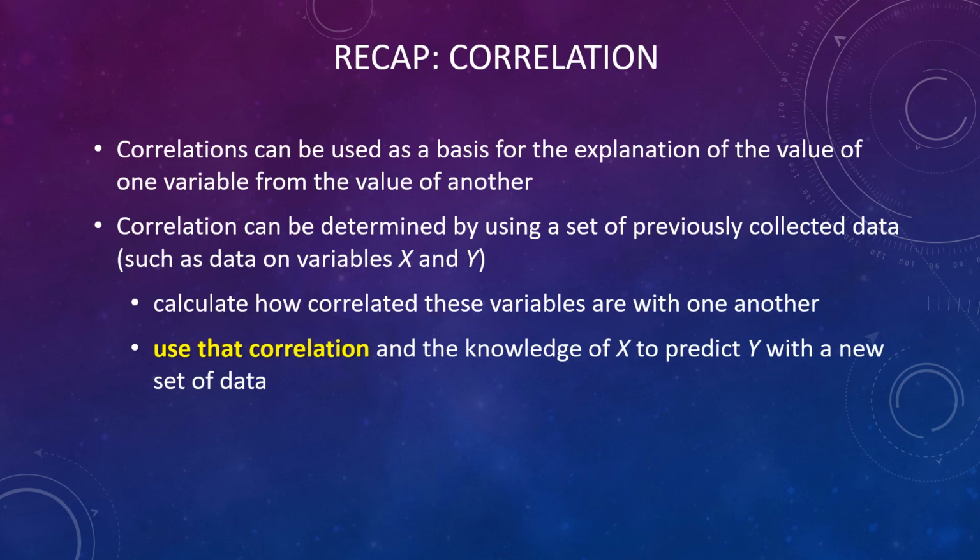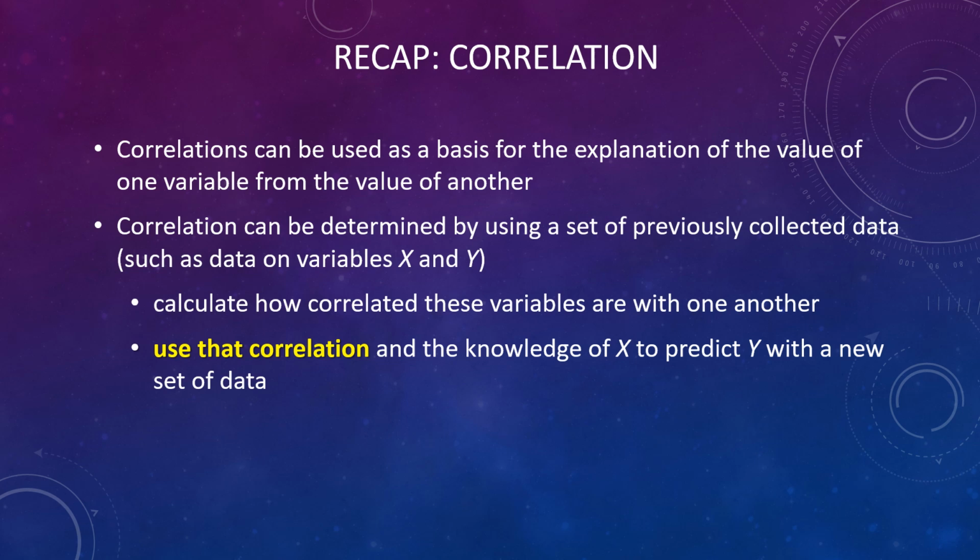Before we get into more about the explanatory power of linear regression, I want to draw us back to what we just finished, and that was correlation, because you're going to see correlation appear again. As a matter of fact, you're going to see R squared show up. This is why I spent some time on the coefficient of determination with you in chapter 5. You're going to see R squared make an appearance.